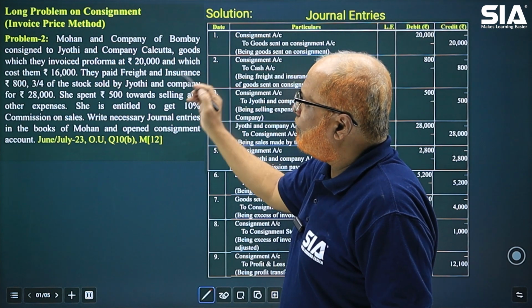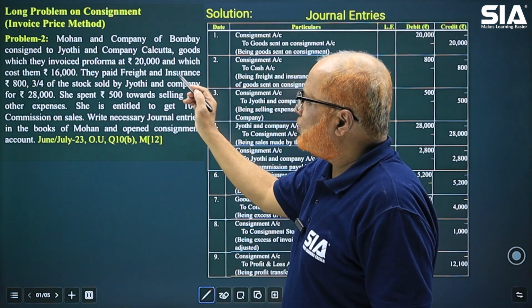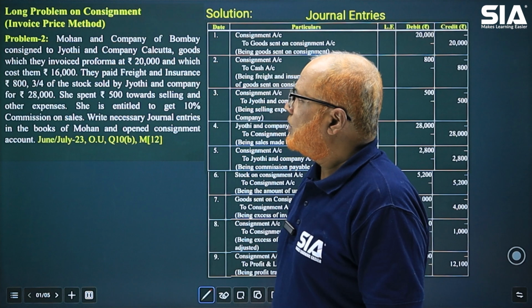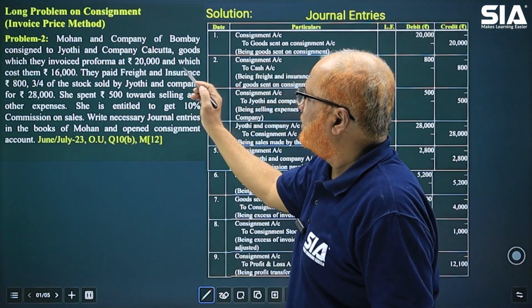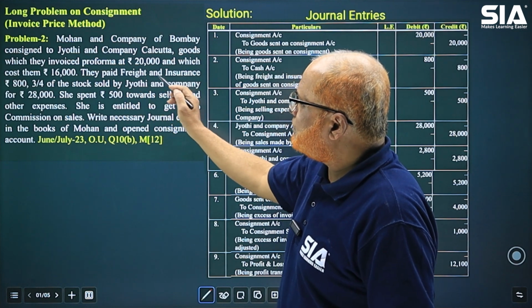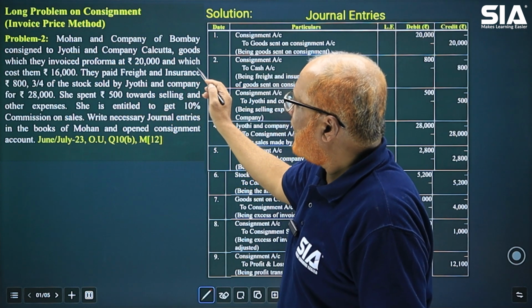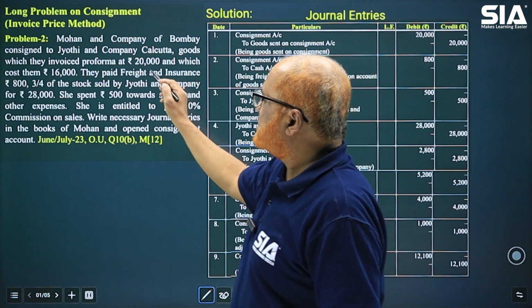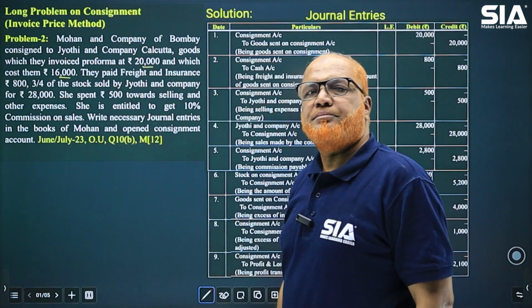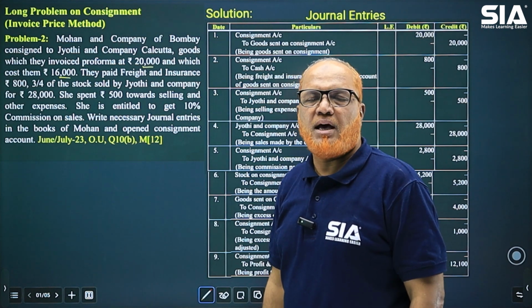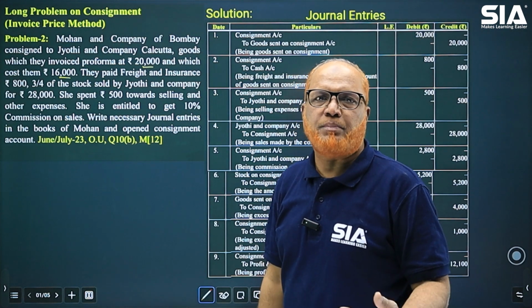Mohan and Company of Bombay consigned to Jyoti and Company, Calcutta. So Mohan is the consignor, Jyoti is the consignee. Goods which they invoiced pro forma at 20,000 and which cost them 16,000. Now you remember, 20,000 is the invoice price and 16,000 is the cost price.